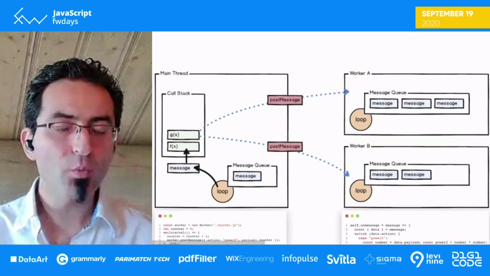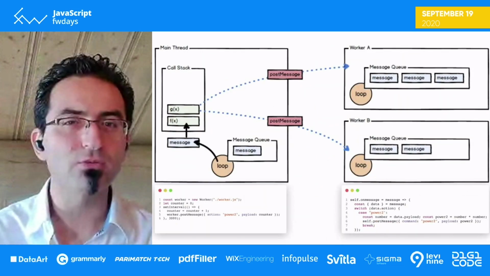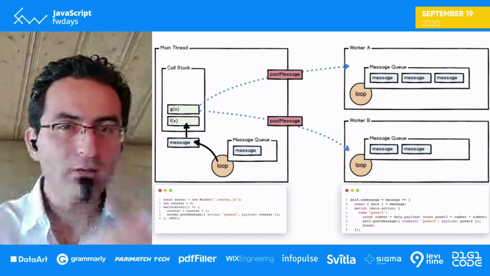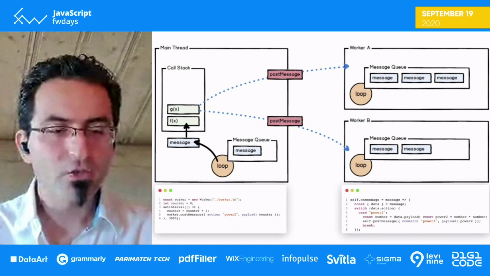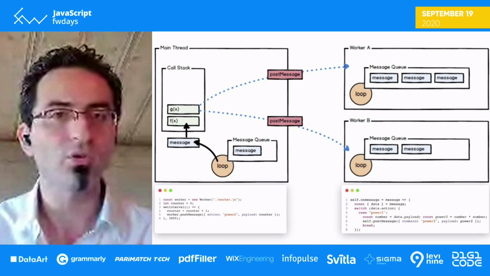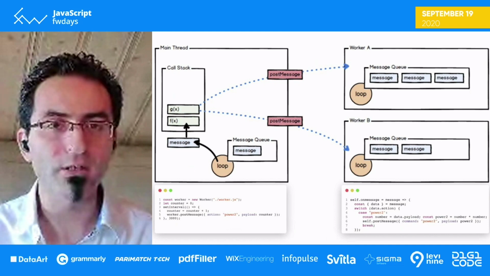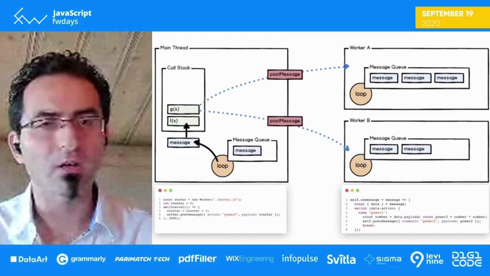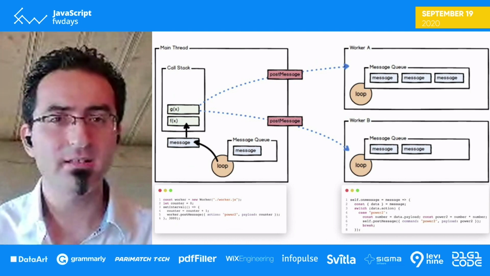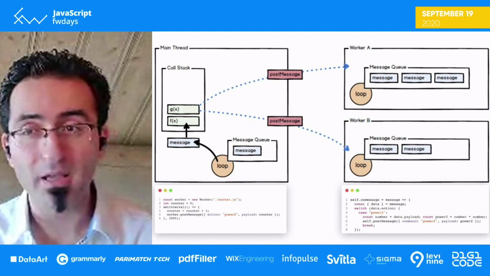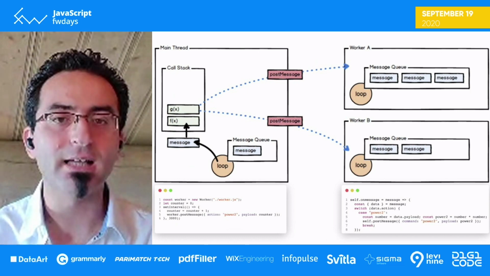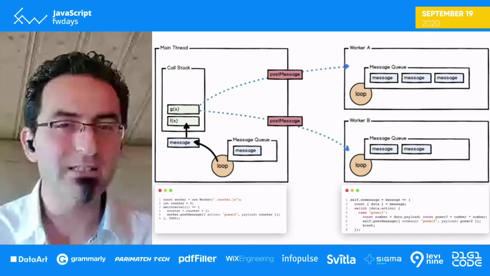To refresh our minds, when you spawn these workers, they have an event loop and everything similar to the main thread or a tab you open. And the way we communicate with them is via the post messaging system.